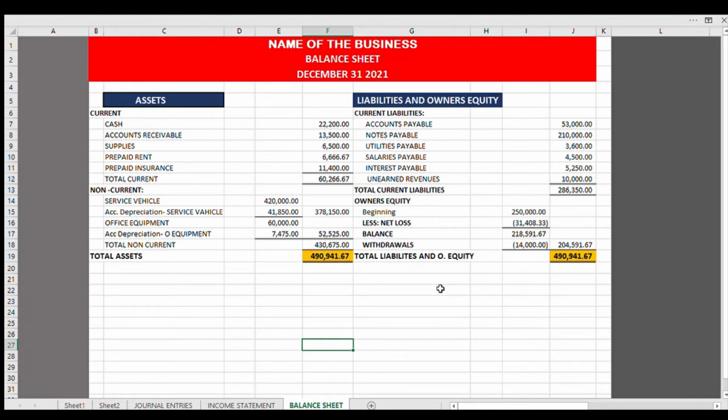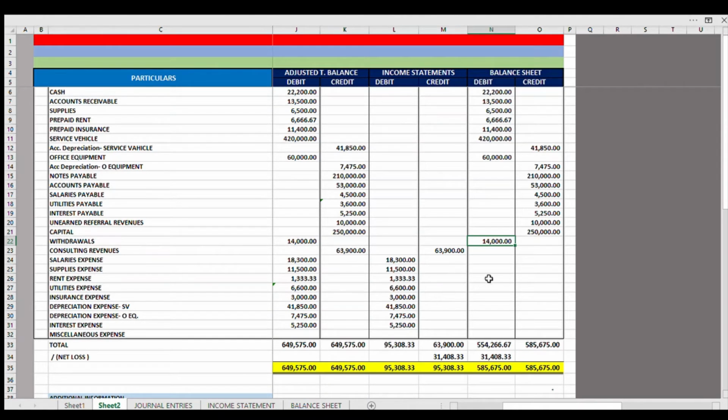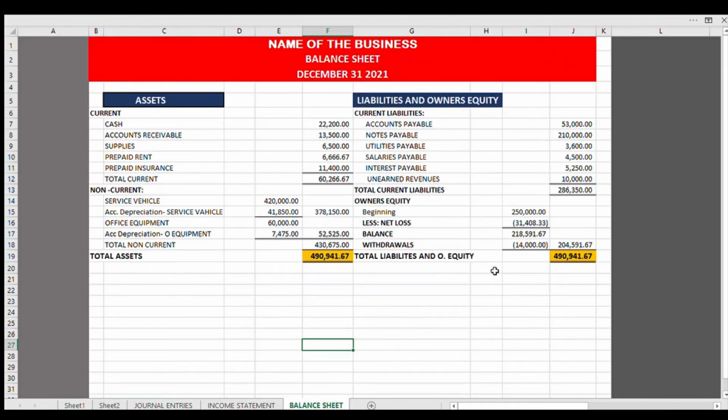These are all taken and extracted from the worksheet that we prepared earlier, picking up all the balances from the balance sheet columns, as indicated here, that the net loss is 31,408.13. It is also reflected in the balance sheet section.